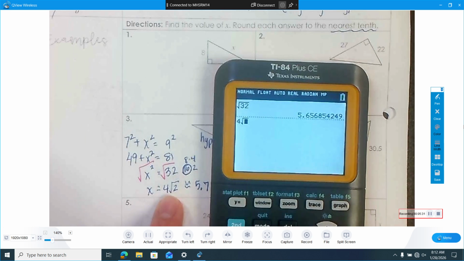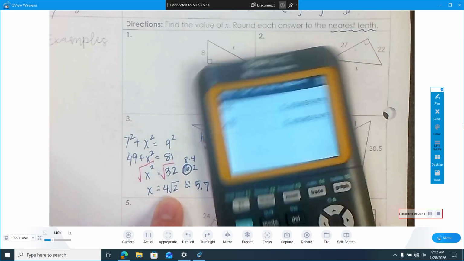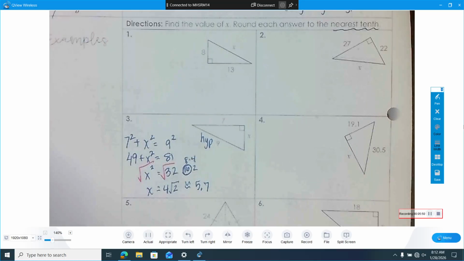So 4 radical 2 also gives me the same approximation. So it's a good double check to make sure, hey, did I simplify that radical correctly? So if radical 32 and 4 radical 2 give you the same answer, then at least you know you simplified that radical good, okay? All right.